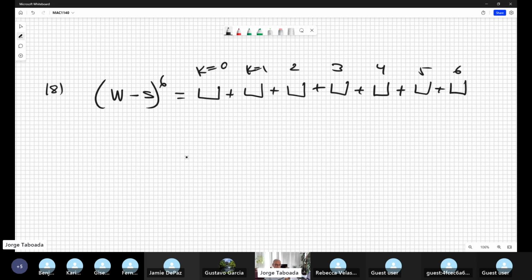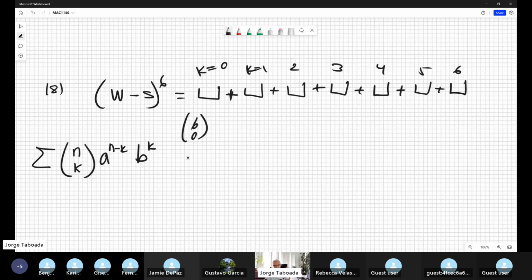So now the formula is combinatory number N, K, A to the N minus K, B to the K. Of course, we have summation here because this summation represents this plus, no? I want to find. Suppose K is 0. So you have combinatory number 6, 0, which we found using Pascal or factorial either way.